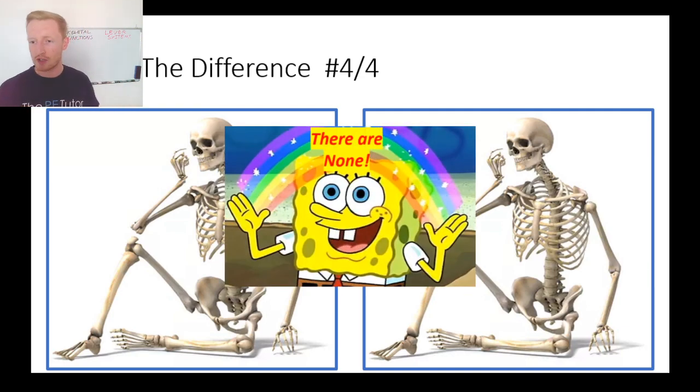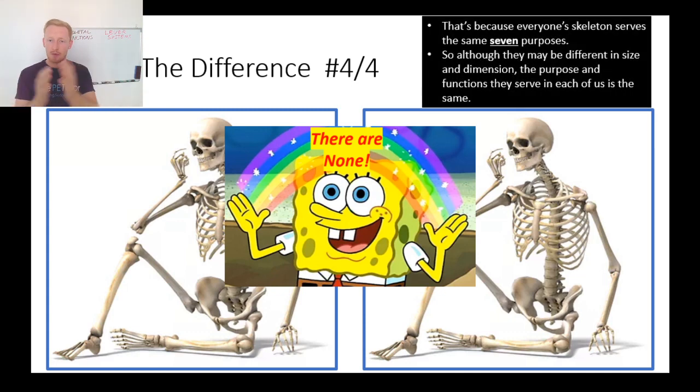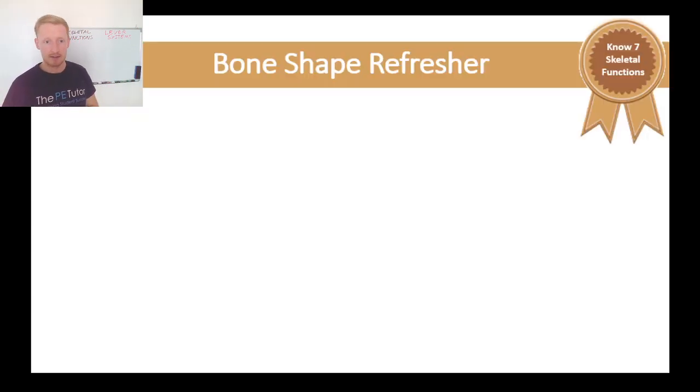So a little bit of a trick question, but hopefully it got you thinking that someone's skeleton might be different in structure, shape, size, dimension, but the purposes are always the same. So it doesn't matter which skeleton you're observing or analysing, all skeletons, all bone, serve the same 7 purposes. They might look different, but the roles they serve in that person's body remain the same. And they're the 7 purposes that we're going to be looking at today.